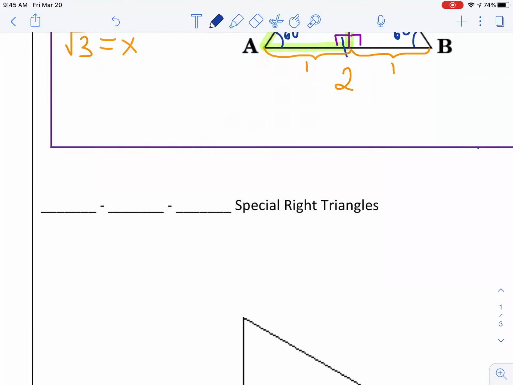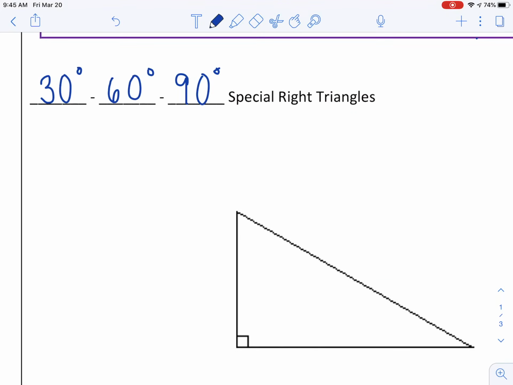So let's sum that up for you. If I have a 30, 60, 90 triangle, the ratio of the sides will always be: across from the smallest angle is the smallest side.